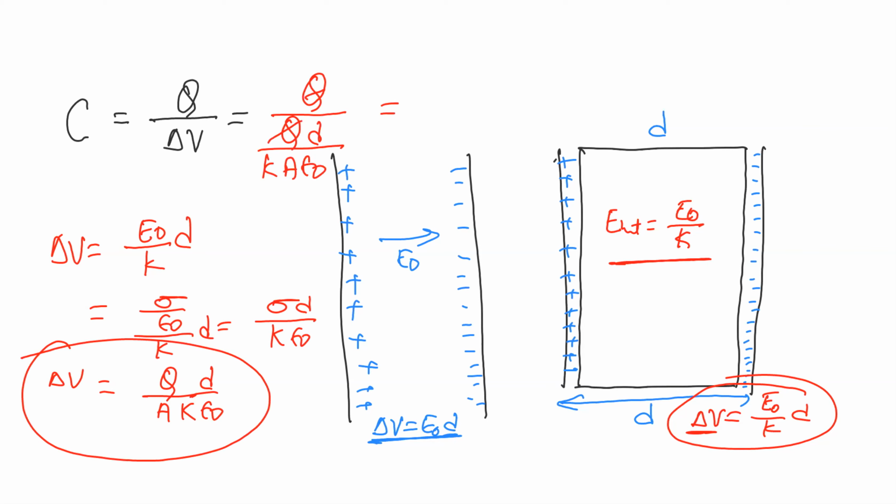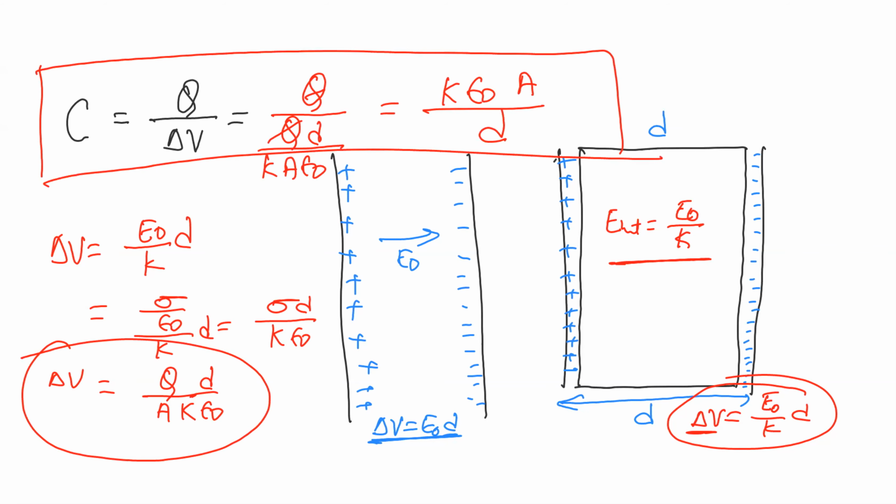Q will get cancelled, so it comes to K epsilon naught A by D. Without the dielectric, capacitance was epsilon naught A by D, but now it is K times epsilon naught A by D. So this is K times the initial capacitance, C naught. Whenever a dielectric is inserted, it makes the capacitance K times.